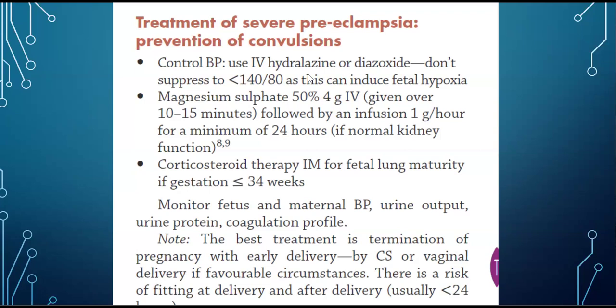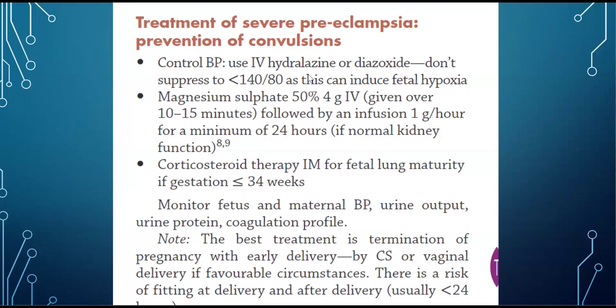For a mild preeclampsia, you can just give them antihypertensive like methyldopa or oral labetalol to keep the blood pressure down. And then you can send the patient to a high-risk pregnancy clinic where she will be seen by an obstetrician. But if it is a severe preeclampsia, the patient has risk to develop convulsion, which means eclampsia.